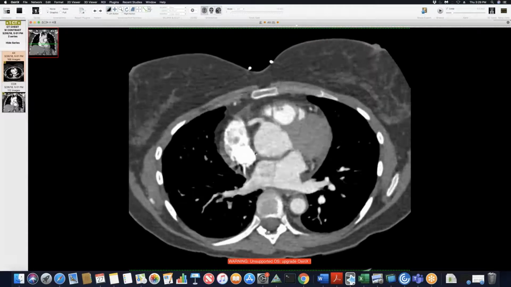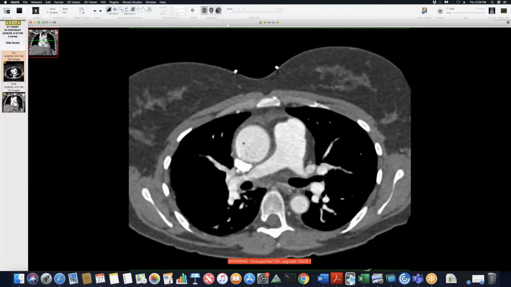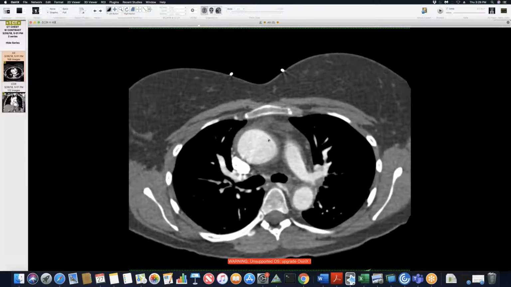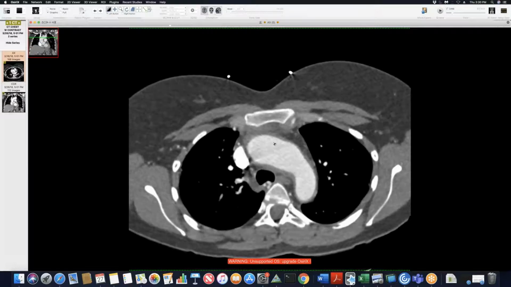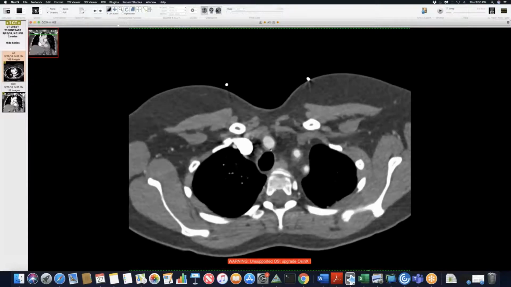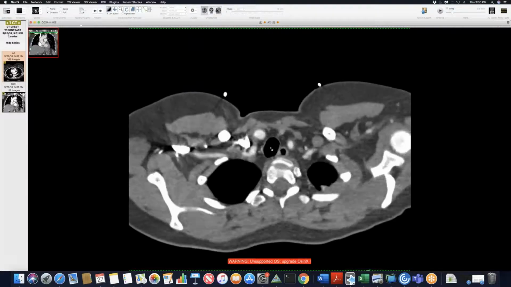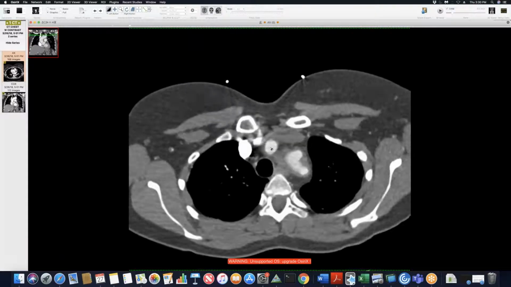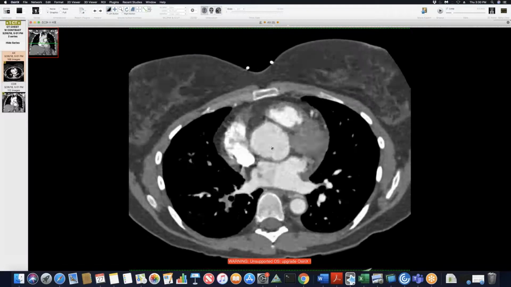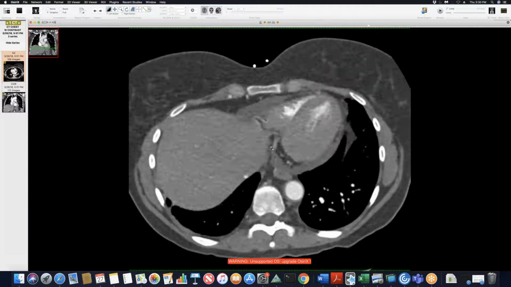But the clue here is the patient's aorta, middle-aged female, by the way. Look at the aorta: there's some thickening here, and thickening along all three great arch vessels. This was a patient we've been seeing for a while now with Takayasu arteritis with pulmonary artery involvement.